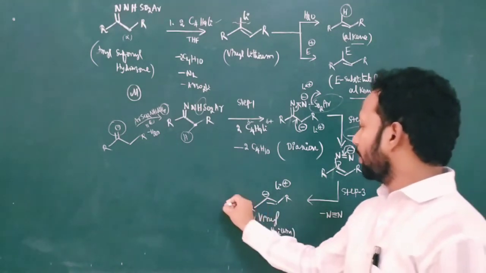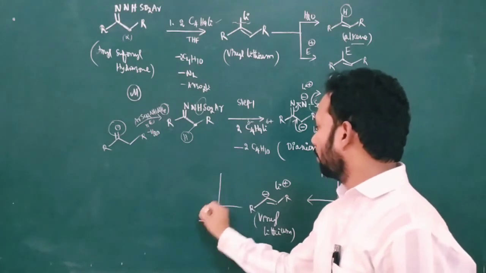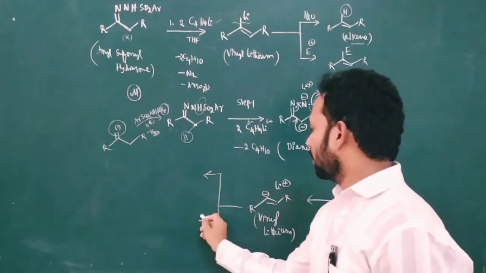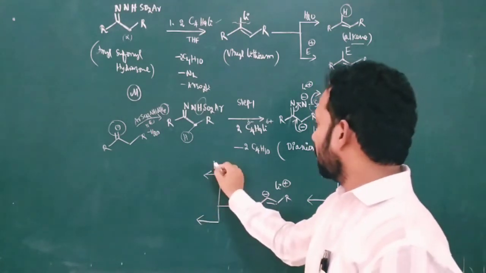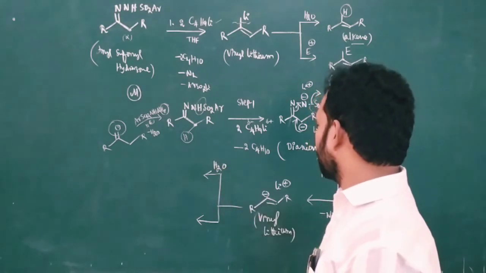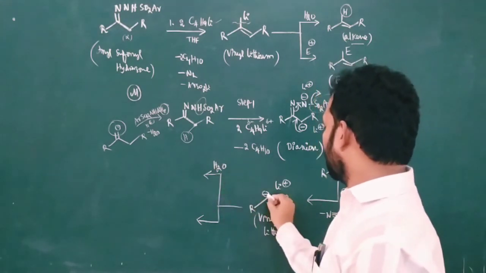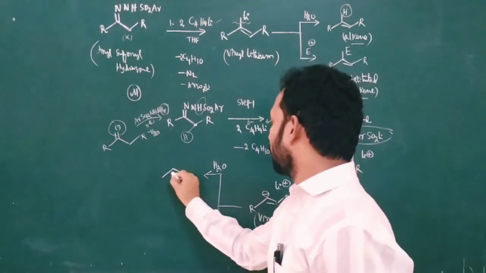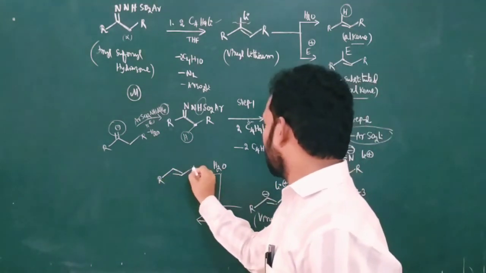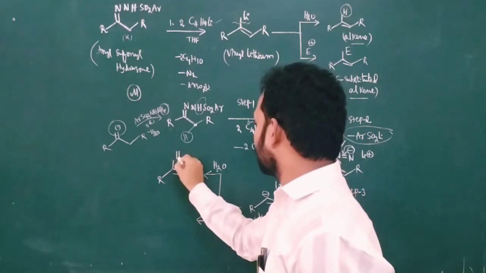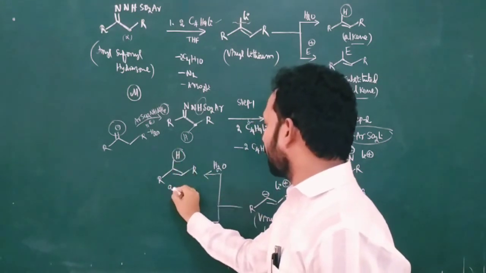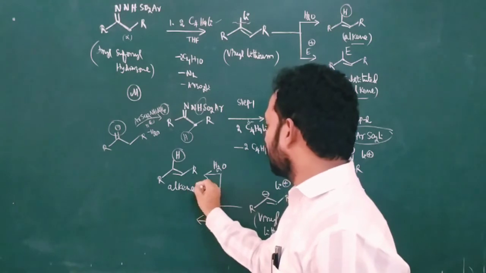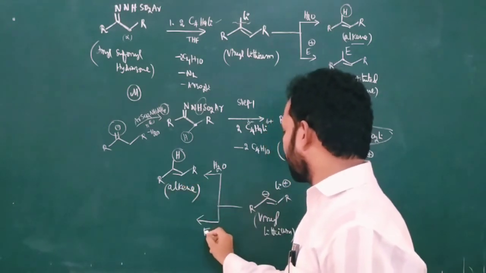This is an intermediate product initially. This vinyl lithium, treated with H2O or H plus ions, is involved in a hydrolysis process to form alkene. This is the structure of alkene.